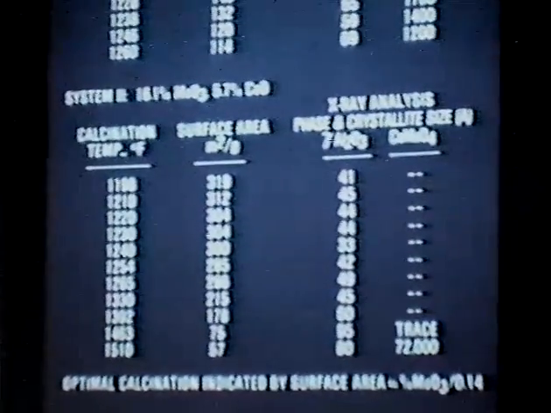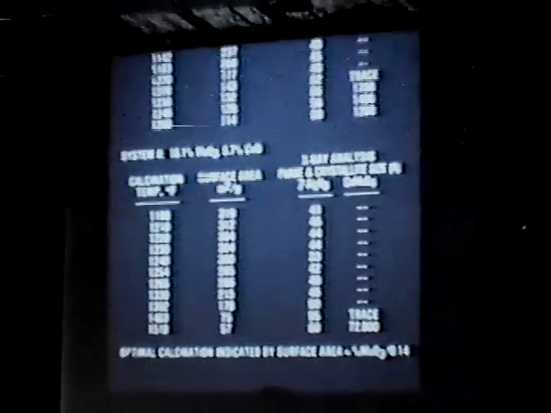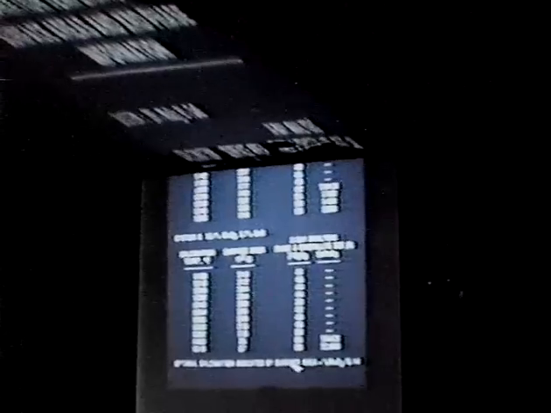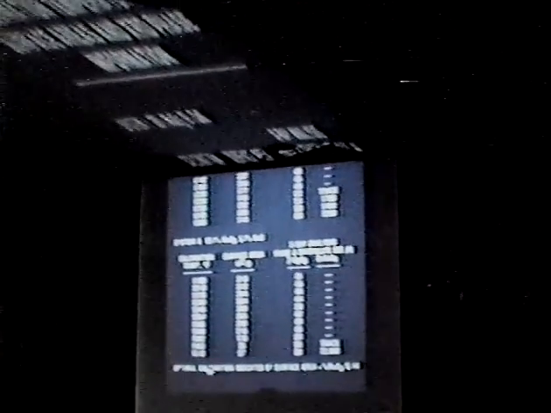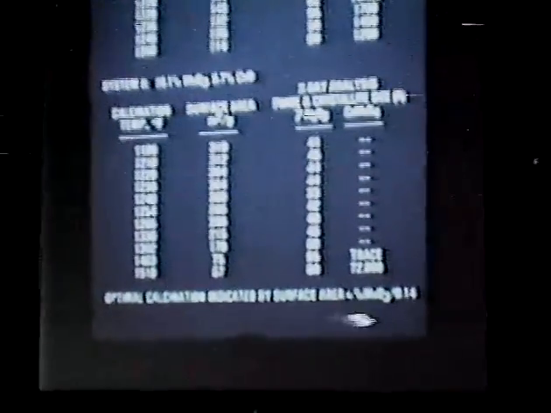Well, back about the second slide, I believe it was the third slide, I mentioned that we had a sort of an empirical theoretical result that the surface area was given by the percent MoO3 divided by 0.14, rearranged algebraically a little bit.